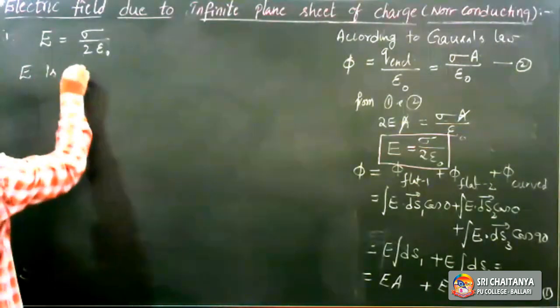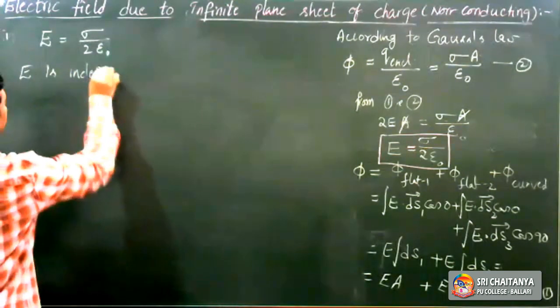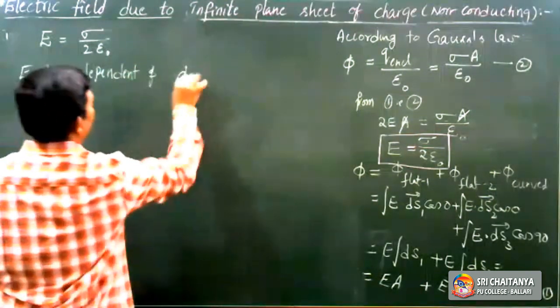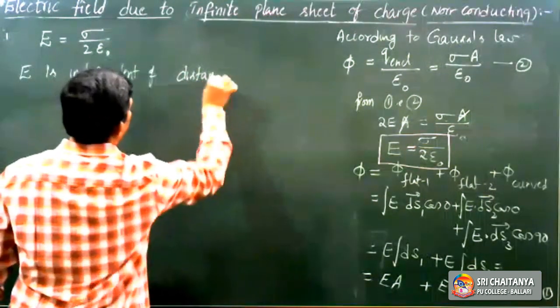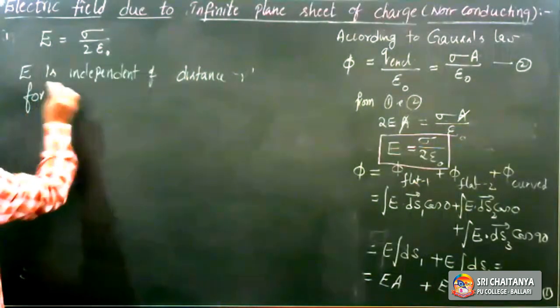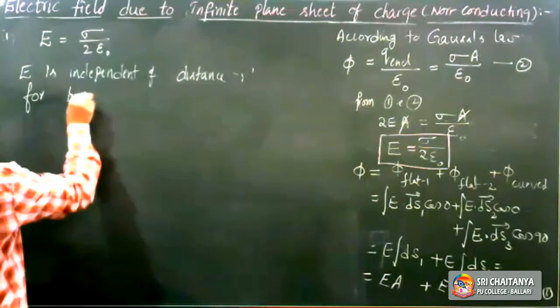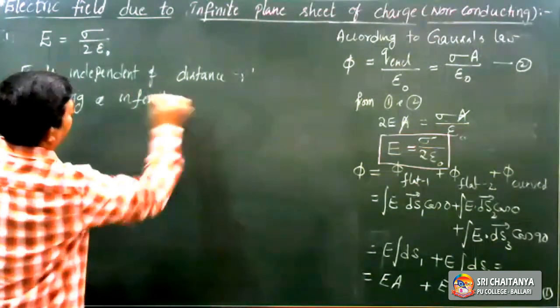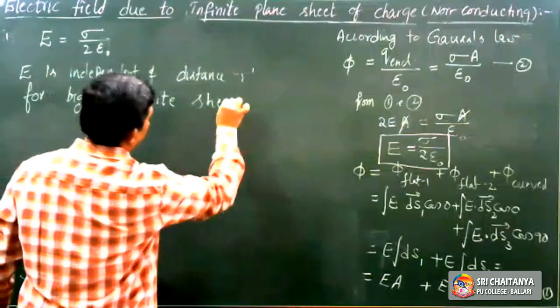E is independent of distance R. For what type of sheets? For big or infinite sheets.